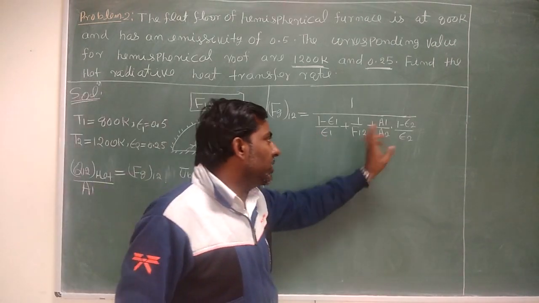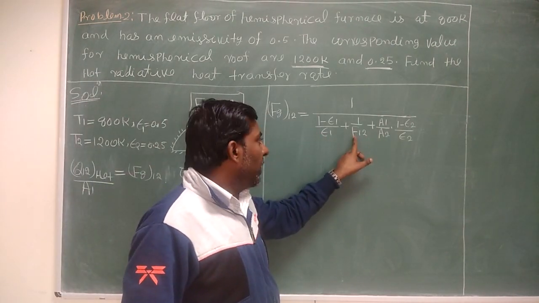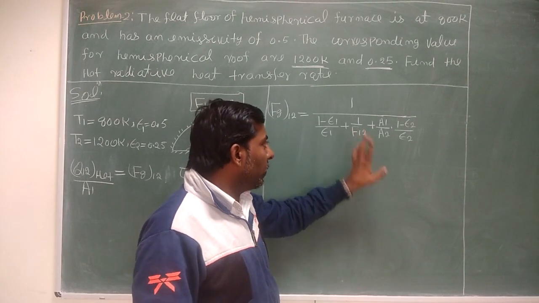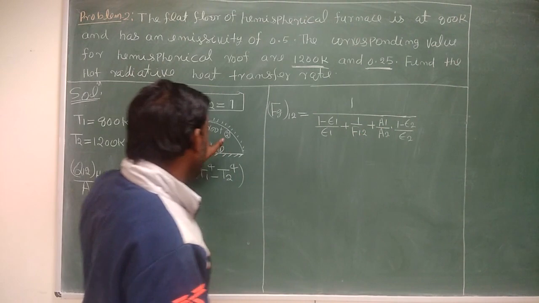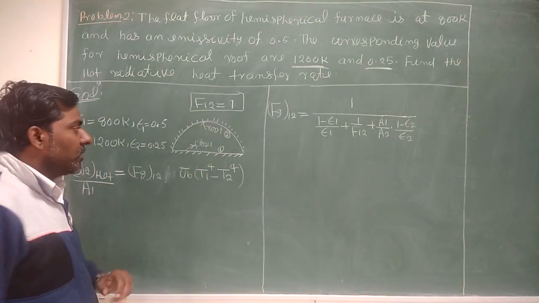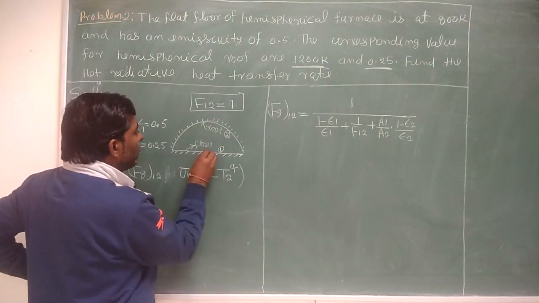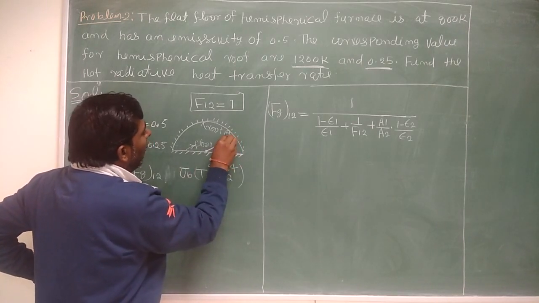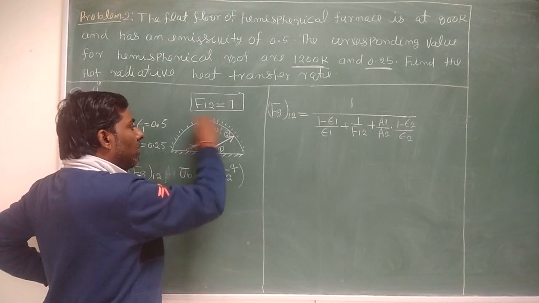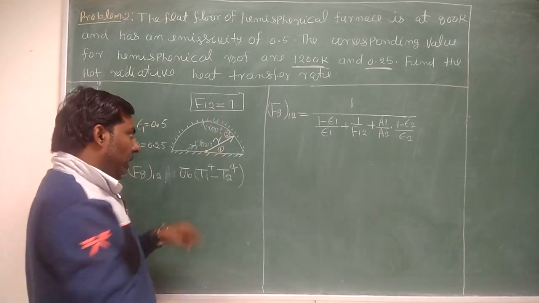So you know the emissivities and you know the shape factor F1 to 2. But you don't know the areas A1 and A2, since they have not given the dimensions. So let us assume that the radius of this hemispherical curve is small r.